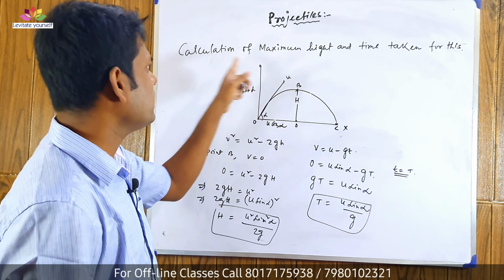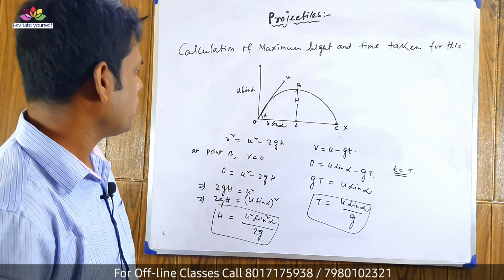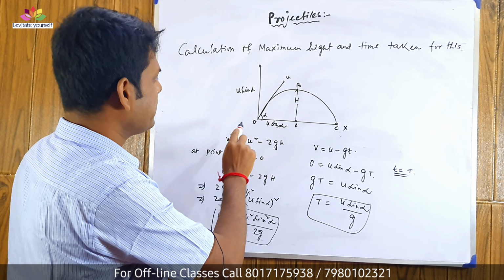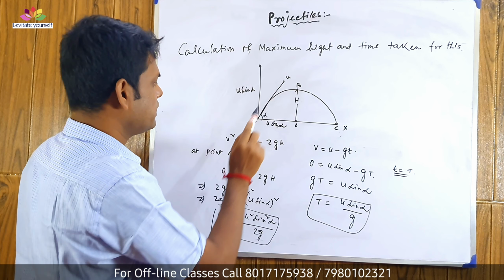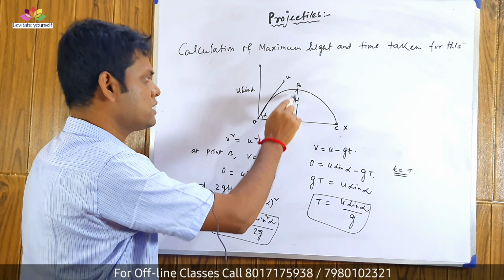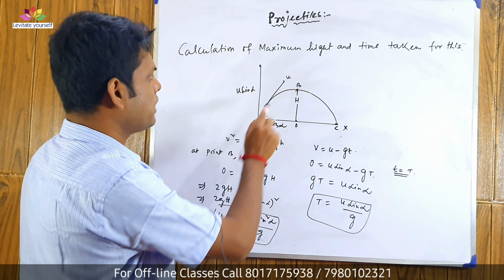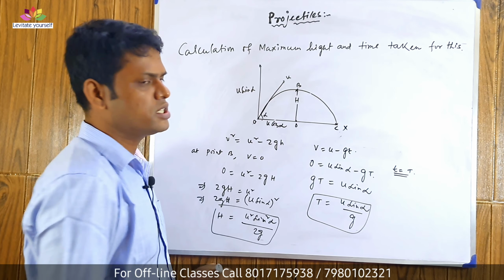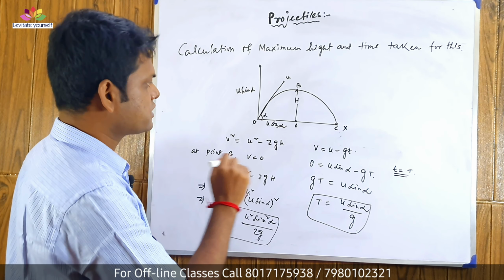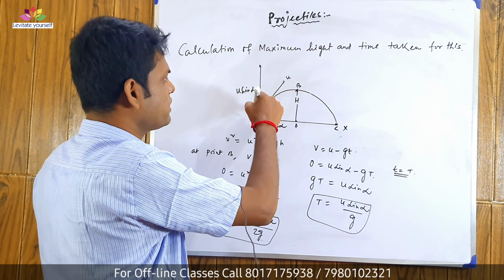Again, I explain this. When a particle goes from point O to B, how much time is taken, and what is the maximum height H? At point B, the horizontal velocity component is constant, but the vertical component varies.